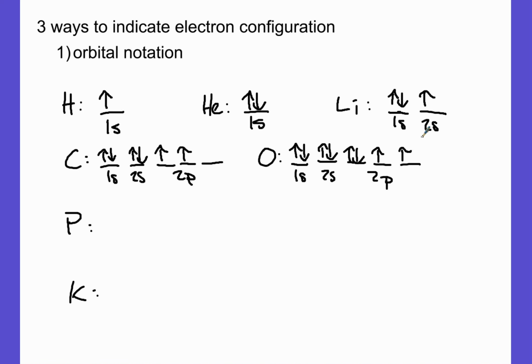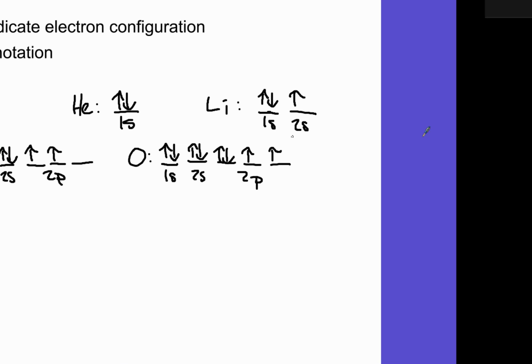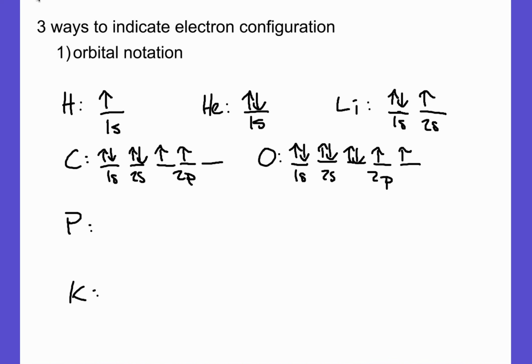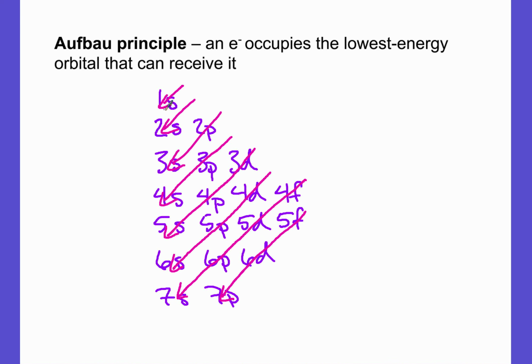So phosphorus, I look for it on my periodic table. It's in the next row, also in the p block. So that would be my 3p sublevel. So I look at Aufbau principle, and I know that I have to go all the way to 3p. So I'm going to go 1s, 2s, 2p, 3s, 3p, right?